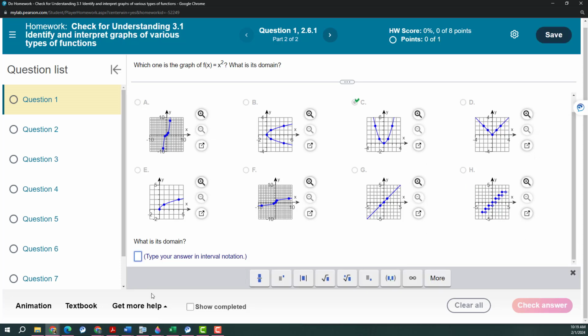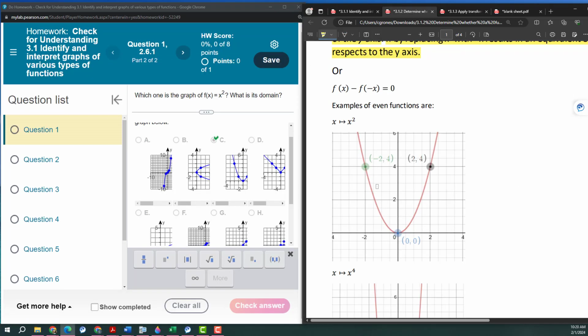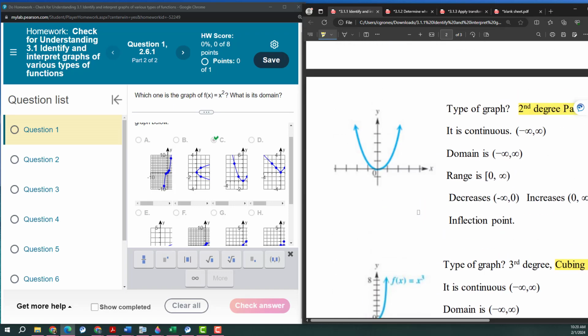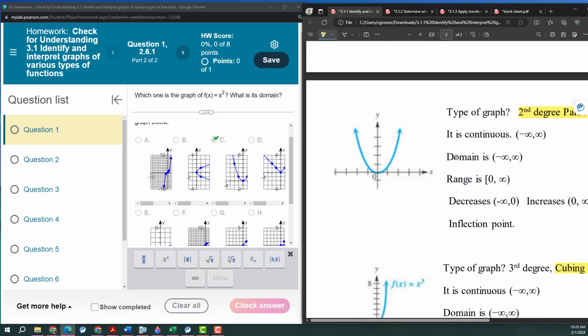All right, so what is our domain? So I did give all of these, the domain, the range, everything. If you look in your notes, I think it might be on this one. So our domain is going to be negative infinity to infinity. That's going to be our x.